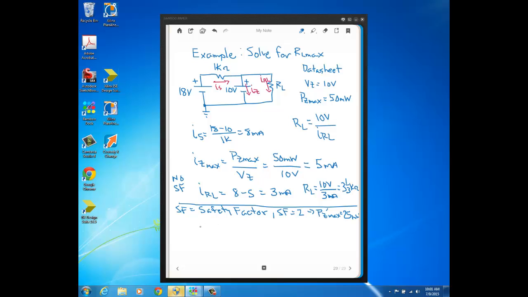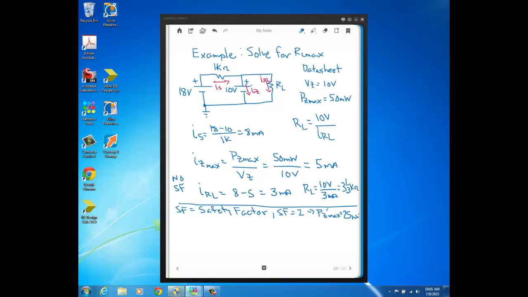So using a safety factor of 2, this is how it would change our analysis. It's not going to affect IS, because IS is just this constant amount, so the safety factor doesn't affect that at all. The safety factor doesn't change how we calculate RL. It's still the voltage across the RL divided by the current through RL.